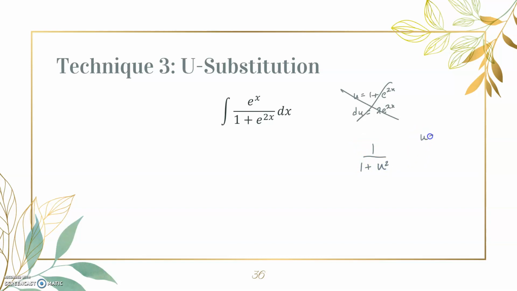So I could make u equal to e to the x, and if I do that, then du would be e to the x dx. So this integral becomes du over 1 plus u squared. So now it looks like tangent inverse. You really have to know the big 13 in order to make really good use of u substitution.